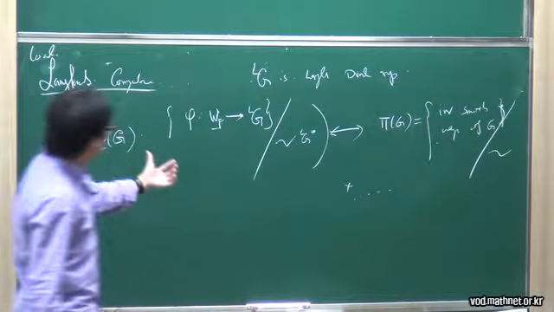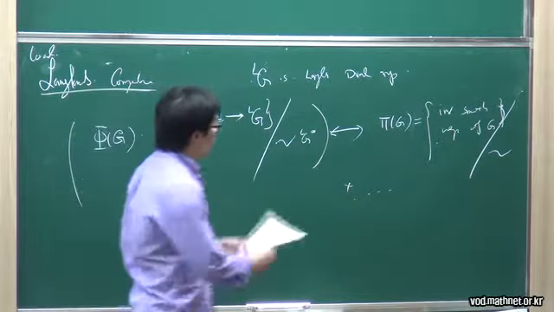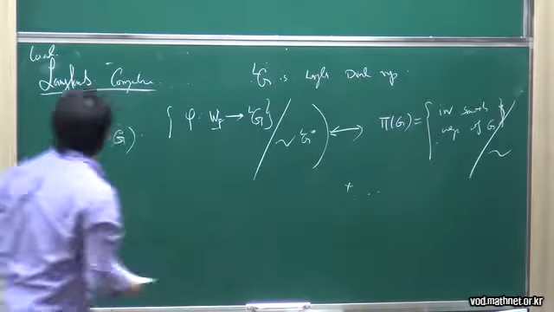So that means given any representation of the Weil group, we should have a correspondence to one class of irreducible smooth representation of G. Okay?